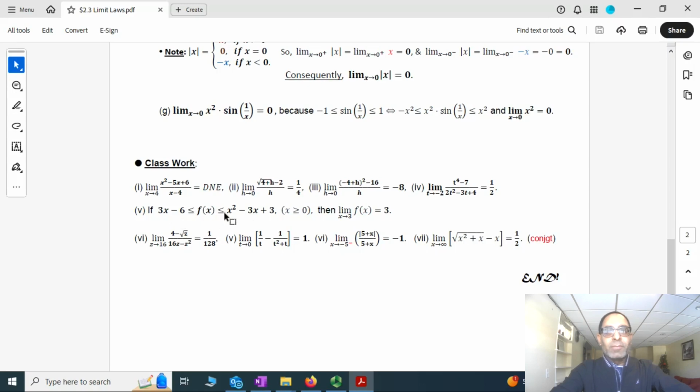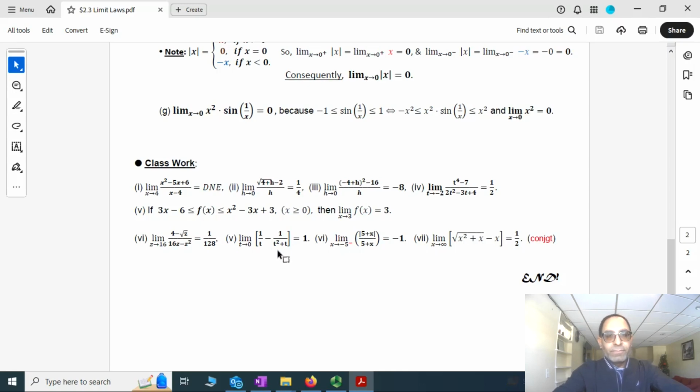I hope you can apply the squeeze theorem correctly and we'll get the answer 3 here. And for 6, again you can use the conjugate: multiply and divide by the conjugate of the numerator and simplify. The answer for question number 5 here should be 7.